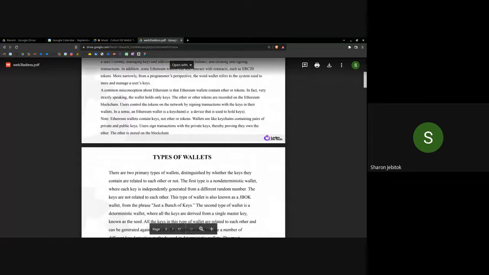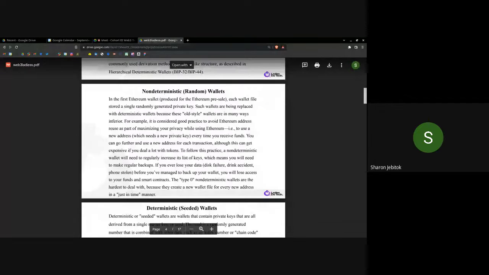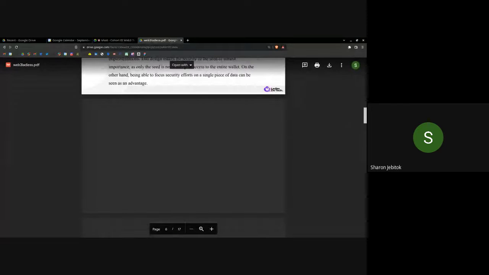Apart from the types of wallets, we also saw the Bitcoin improvement standards that are used on the seed phrases and mnemonic phrases for Ethereum and other crypto wallets. That's majorly what we saw before we started on transactions.